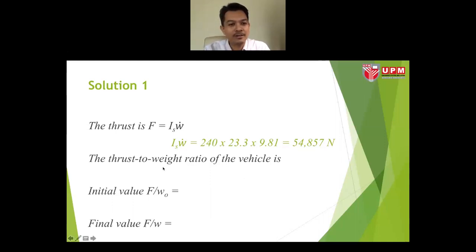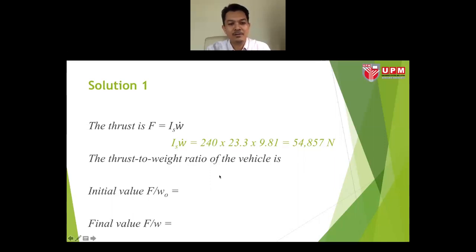Now you can calculate the thrust to weight ratio of the vehicle, right? So you have the initial value for the thrust to weight ratio. You just put in the number of the initial weight, and then for the final value you put in the number of the final weight. So F over the initial weight, and the thrust value over the final weight.